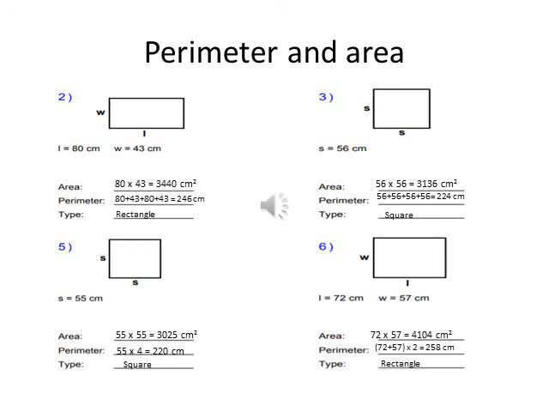Instead of just saying length plus width plus length plus width, I can just add the length plus width and get the answer, and after that multiply it by 2. It's the same thing, but it's faster. So we need to save time in solving these questions, guys. So 72 plus 57, and after that multiply by 2, so it's going to be equal to 258 centimeters, and the type, of course, is a rectangle.